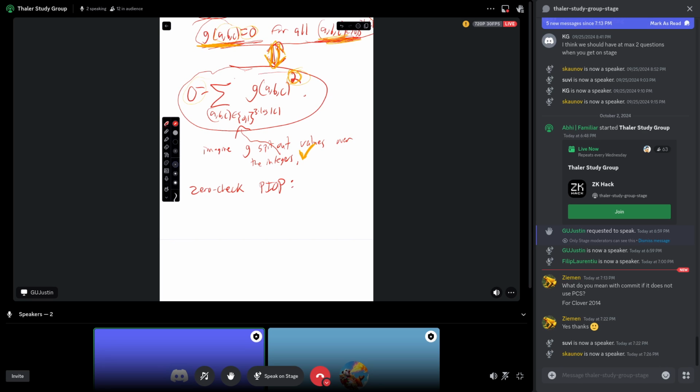And so what happens is the verifier picks an R in {0,1}^(3 log circuit size) at random.